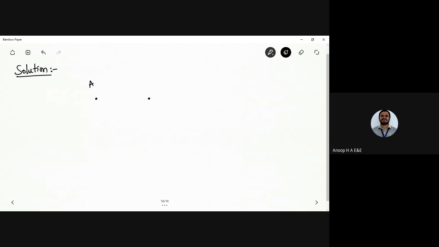So I have point A. Next is point B. Somewhere here I have point C, somewhere here I have point D, and here I have point E. Okay, so I have a connection from A to B, B to C, C to D. This is a simple network where you can write down. Depending on the points A, B, C, and D, I have written the network here.